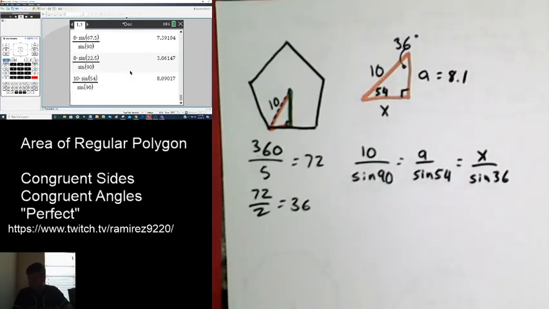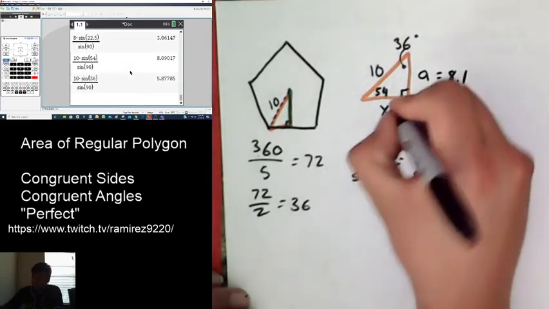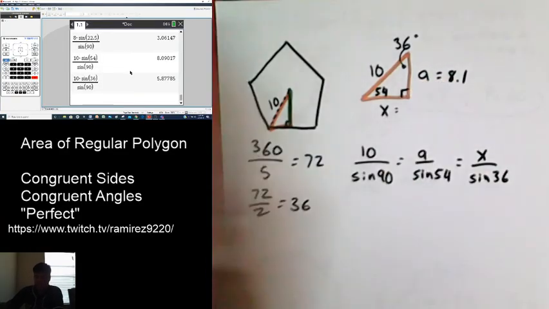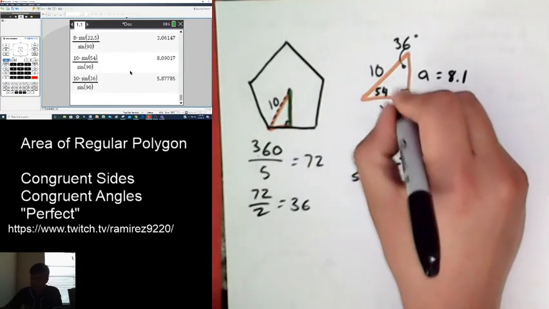The half side length is 10 times the sine of 36 divided by the sine of 90. But again, please remember that the sine of 90 is just 1, so you really don't have to do the division part. So the half side length is 5.87, so I'm just going to round up and say it's 5.9.